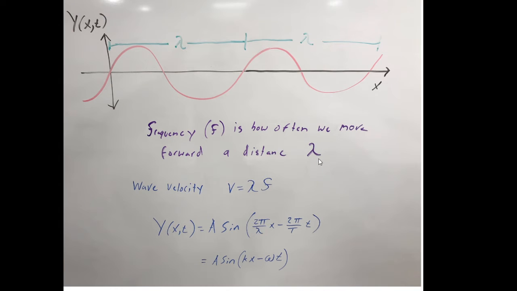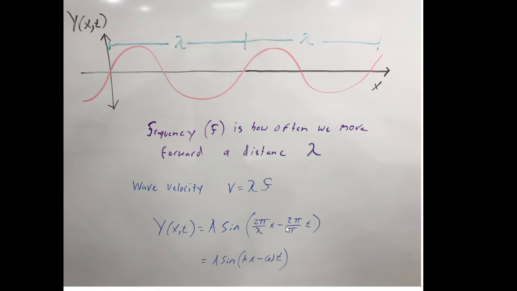And so here, if we hold time still, we get that same equation we saw on that previous slide. And then if we hold our position still, we look at our origin. This term becomes 0, and we're just left with the negative 2 pi over our period times t, which is what we saw in the previous video.